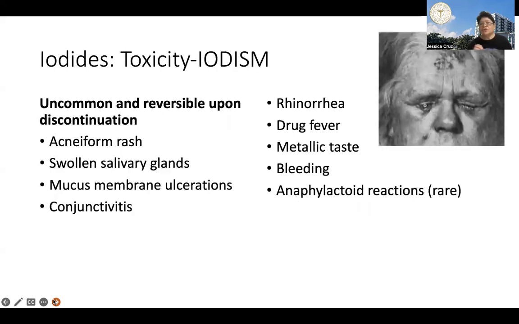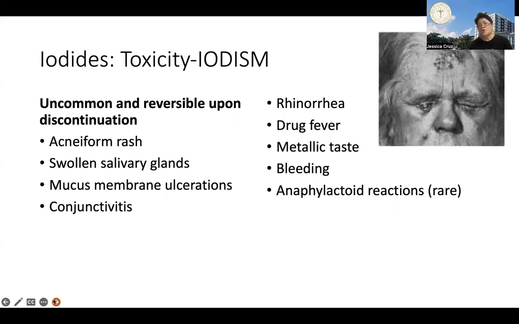Now, this is iodine toxicity. We call it iodism. And if you see on the right, the picture of a man with rashes and severe conjunctivitis. No? They break out into acneiform rash. Nakikita nyo dun sa picture. The salivary glands are swollen, masakit, no? Parang may mumps. And then you have a lot of ulcerations in your mouth.